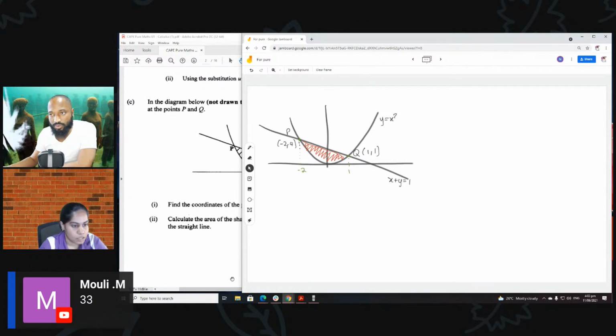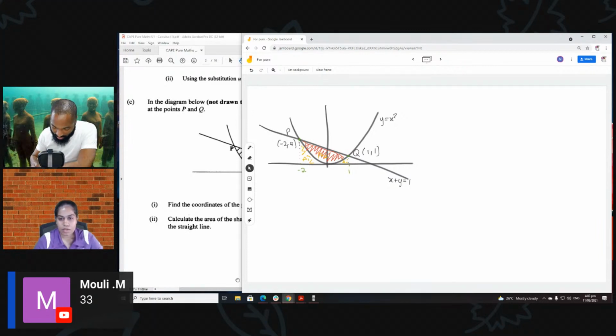I'm going to label it so that it'll be easier. So let's label this part here area 1, this part here area 2, and this part here area 3. That's a little hard to see, but you got my drift. Yeah, we see it.